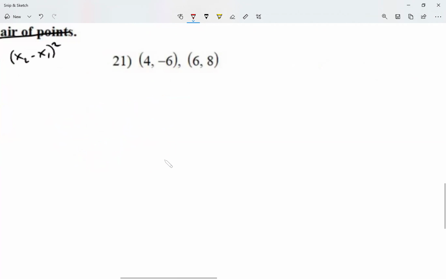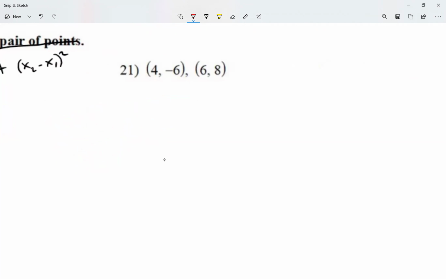Let's take a look at question number 21. Here's my first x, here's my first y, here's my second x, and here's my second y. And I remember the formula. The second y minus the first y all squared plus the second x minus the first x all squared.